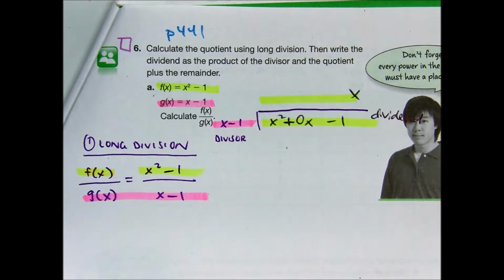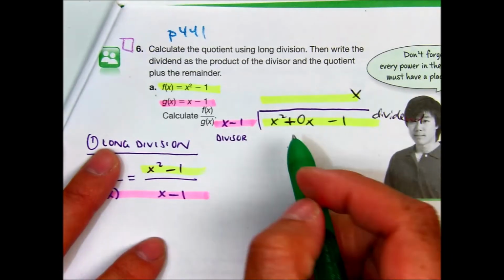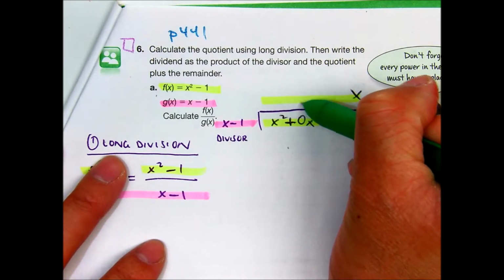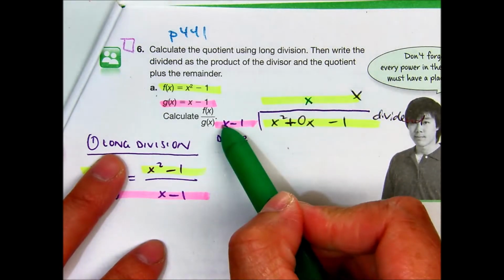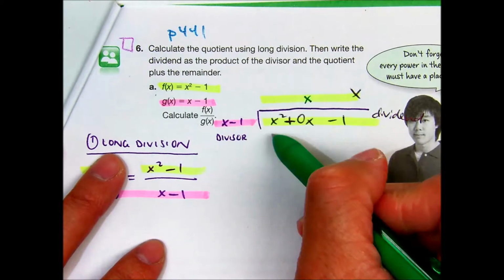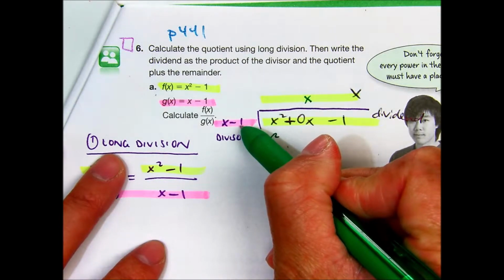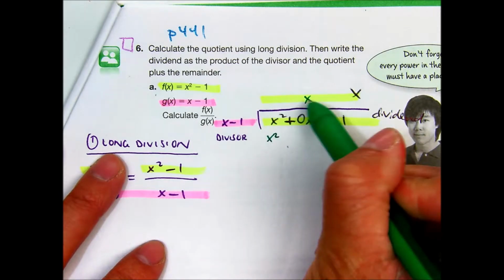Alright, Jeremiah, how many times does x go into x squared? You want me to write what number here? X. Jeremiah, go ahead and multiply. X times negative 1?